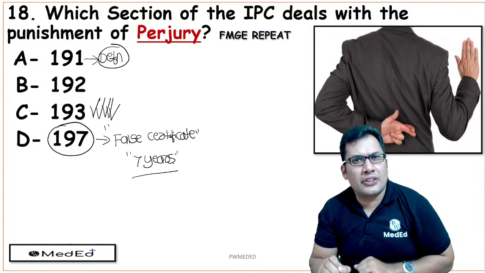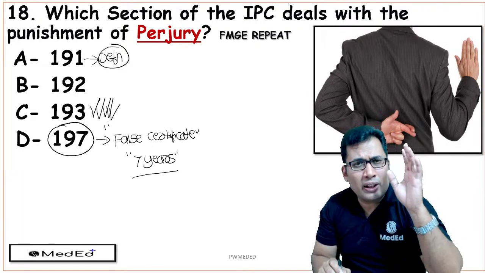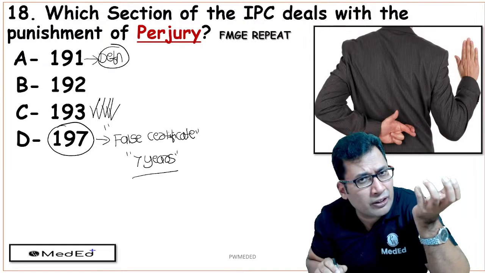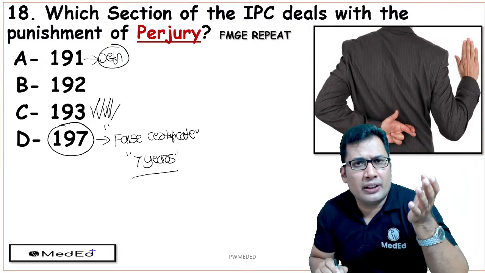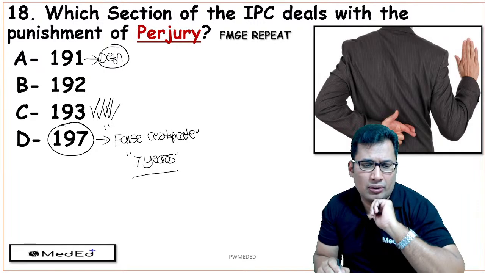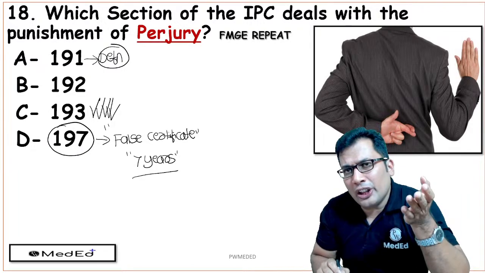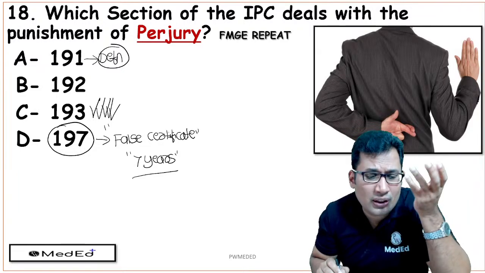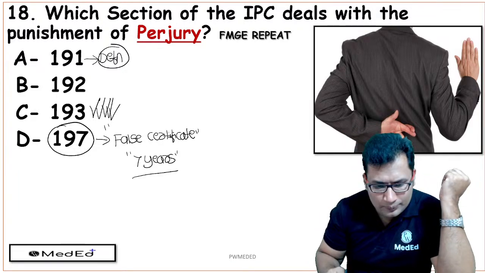This can be asked in your exam. 191 is the definition of perjury, 193 the punishment for perjury, 197 giving a false certificate, and 192 fabricating false evidence.